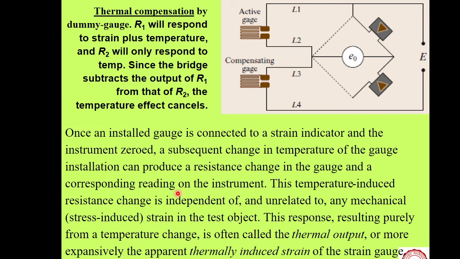There is something written here. Let me explain something. So you see, this gauge, they are usually connected with a Wheatstone bridge circuit. We will see what a Wheatstone bridge circuit is afterwards.